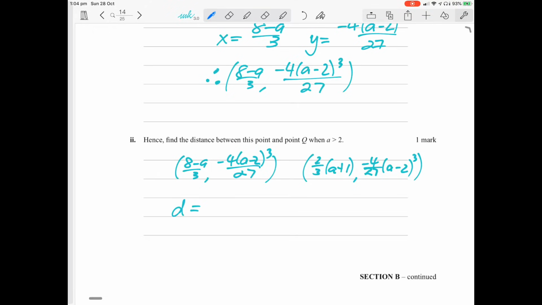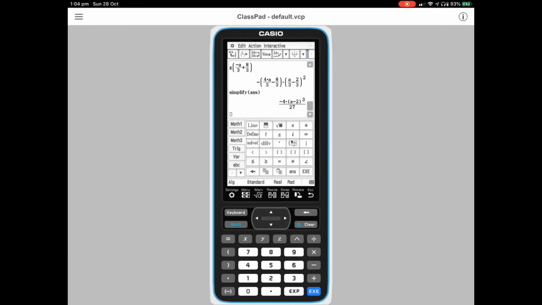Distance is, I'm not going to show working out because I can't be stuffed. So, do we have that other point? So 2/3 of a plus 1, minus 2 divided by 3.